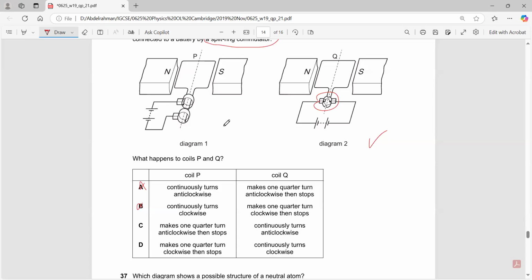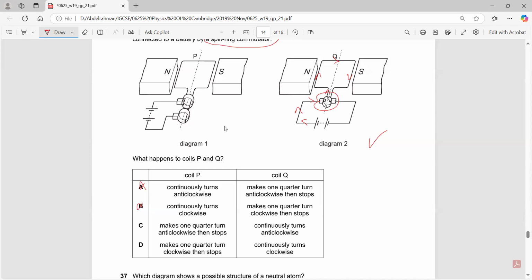Okay, so does it turn clockwise or anti-clockwise? How should I know? Using the current, and then using Fleming's left-hand rule. Fleming's left-hand rule says that the index finger is the direction of the magnetic field, which is pointed to the right, moving from north to south.